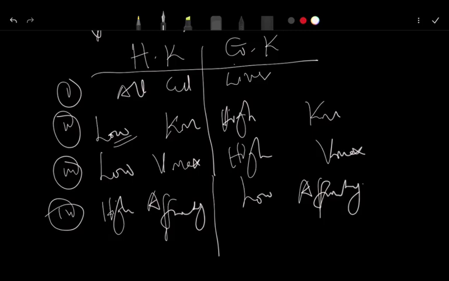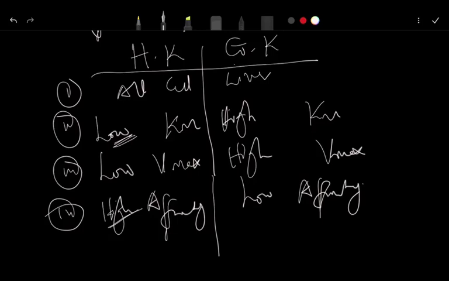Okay, meaning glucokinase needs a high amount of substrate before it will start working for you. On the other hand, hexokinase can work with just a low amount of substrate. That's why we call it a low Km. And since it can work for you even when you give it just a low substrate, it means it actually loves the substrate more, meaning it has a high affinity. Are you there with me?